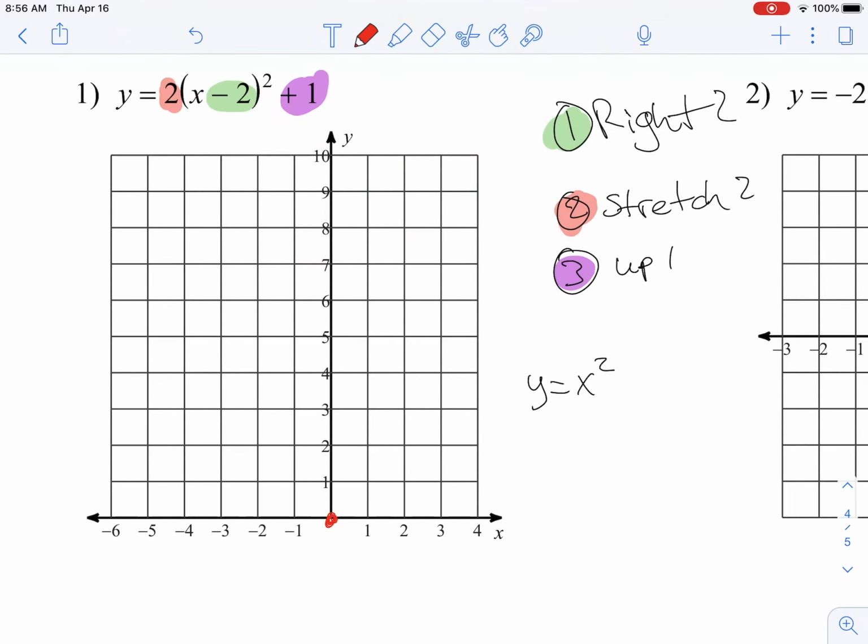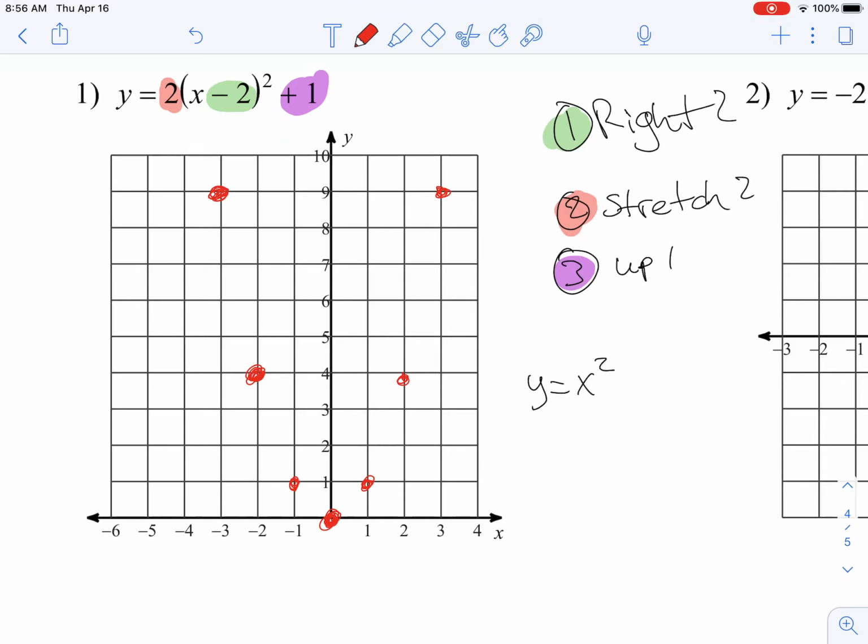Y equals x squared would look like this, and I'll show you how these numbers correspond in just a moment. But this is what our parent function would look like.